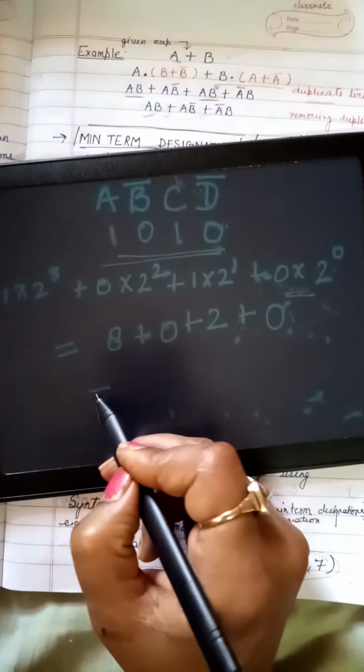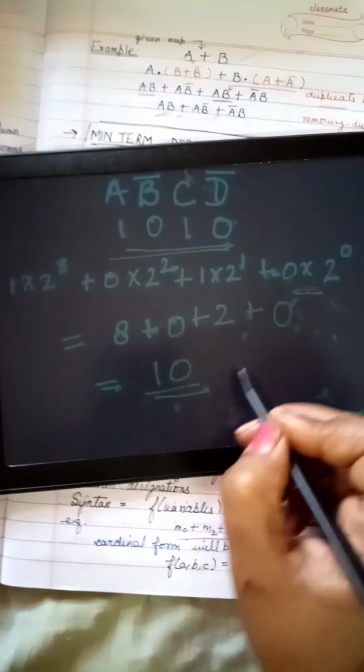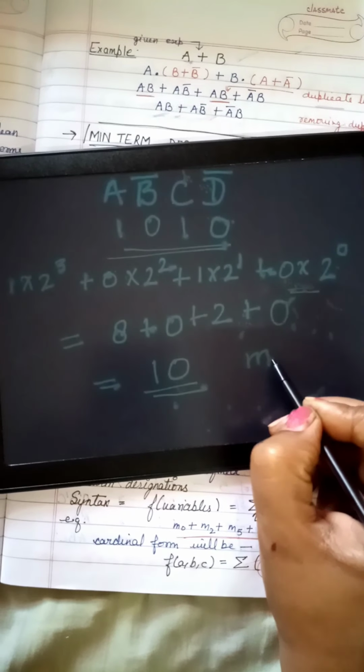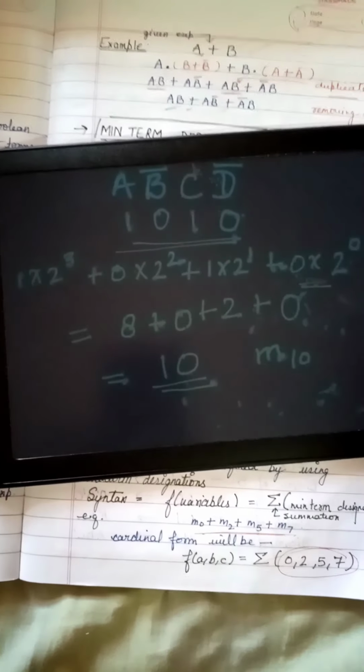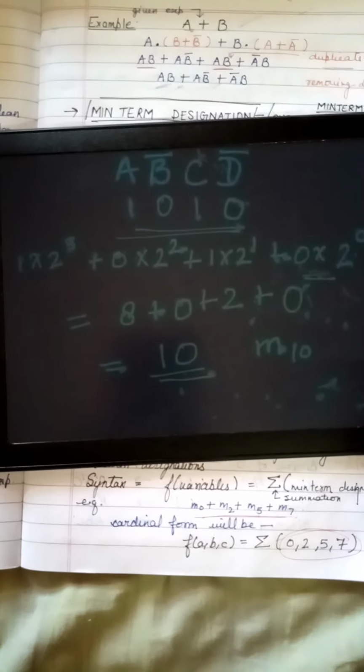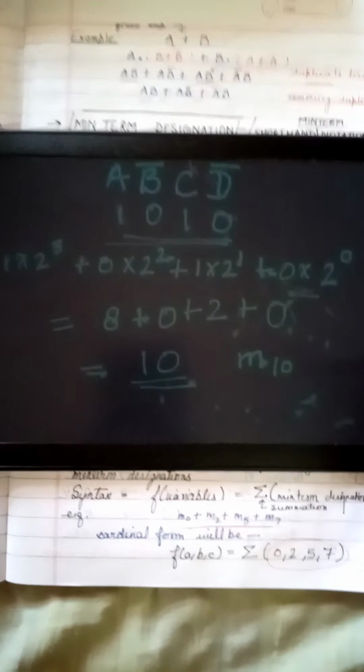So 8 plus 2 equals 10. So the min-term designation will be small m subscript 10. Min-term designation of a, b bar, c, d bar will be small m subscript 10. Fine.